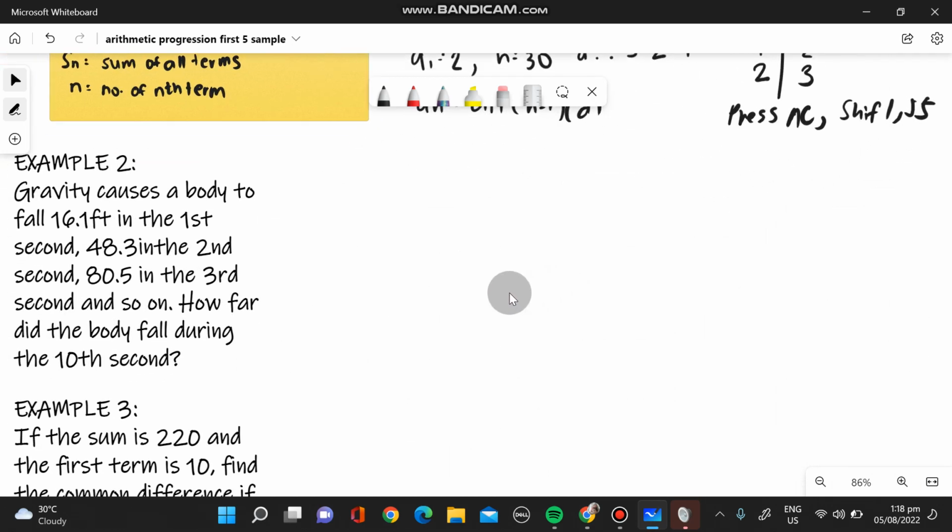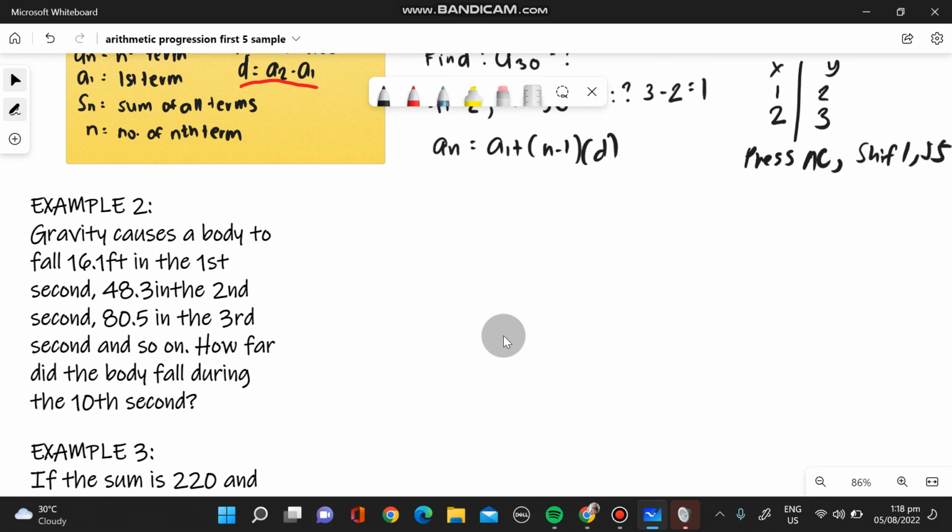In our second example, it says here that gravity causes a body to fall 16.1 feet in the first second, and then 48.3 in the second, and 80.5 in the third second, and so on. How far did the body fall during the 10th second?